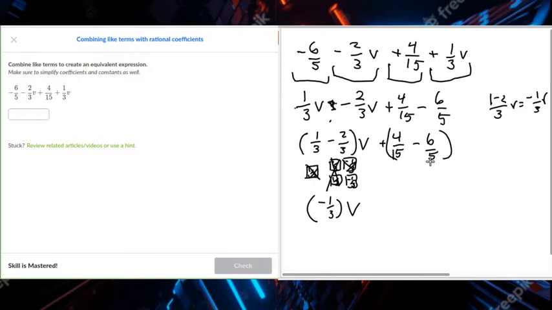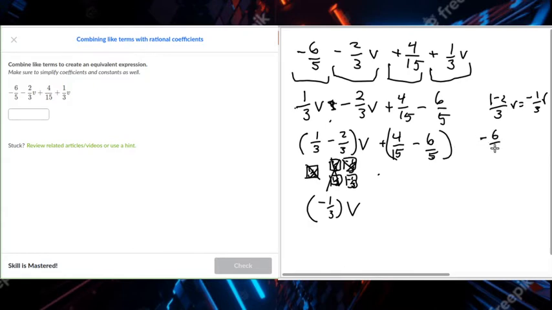And here we need to have the same denominator. So I have 6/5 and I need to have 15ths. I don't think I should draw that out.